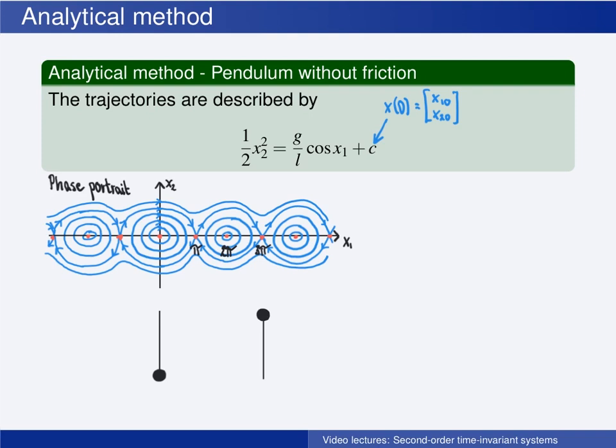Say that the initial value is here. The angular velocity is initially 0, while the angle is non-zero but not as high as pi, meaning that the pendulum stands out to the side.